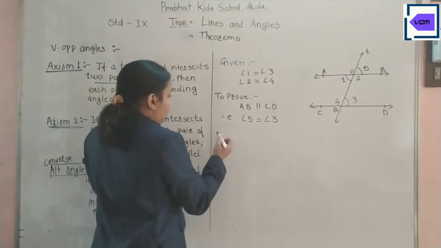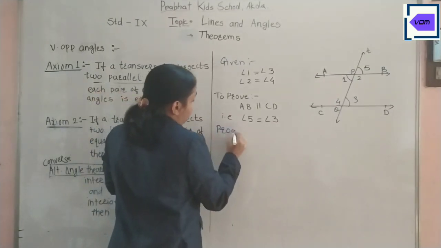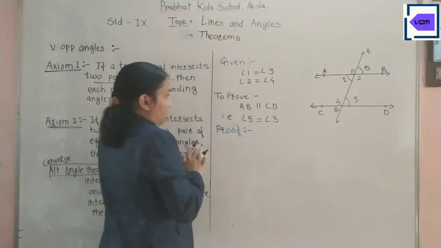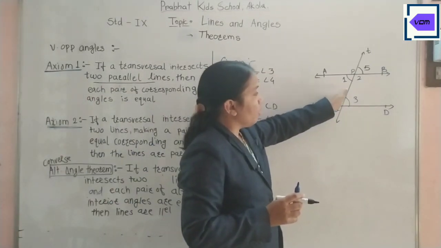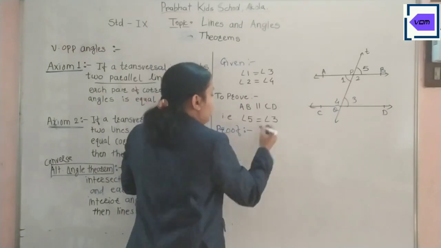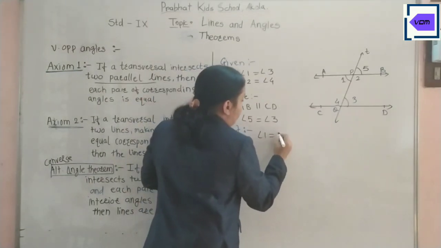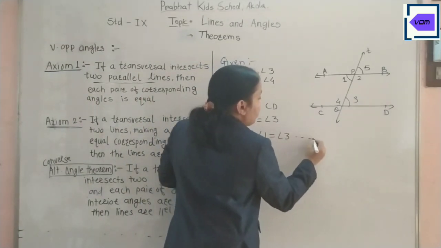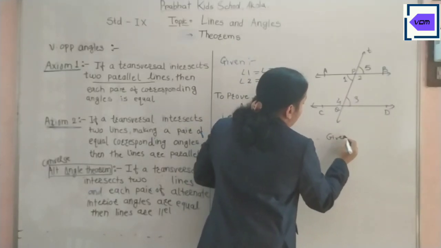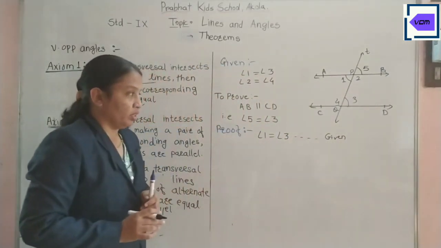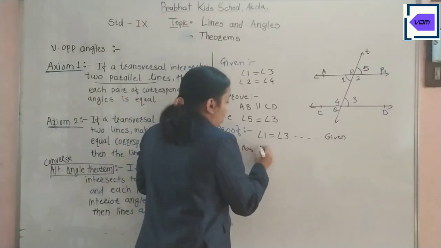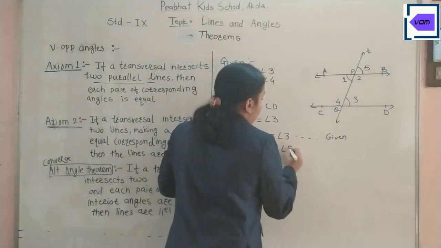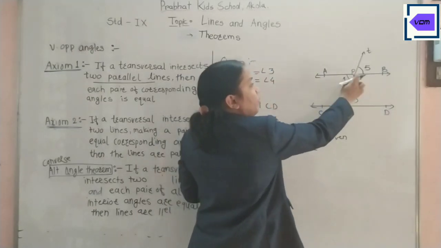Now proof. Angle 1 is equal to angle 3, given. It is given to you. Writing the reason is very important. Now also angle 1 equals angle 5.